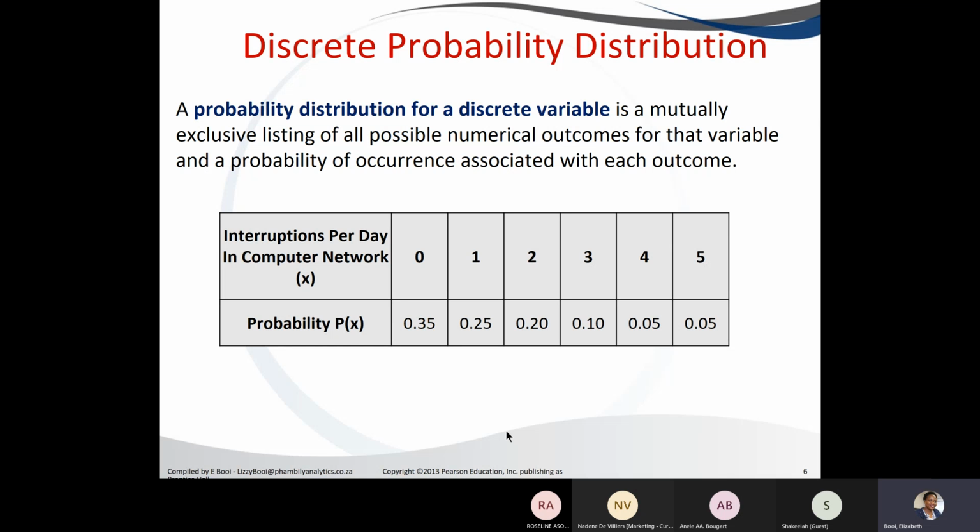When there were 2 interruptions, the probability will be 0.2 and so forth. And that is your discrete table. It has your X observation with its corresponding probability. Sometimes it's written in this horizontal way, or sometimes it's vertical. You just need to know that as soon as they give you your X and your probability of X, you are doing the discrete probabilities.